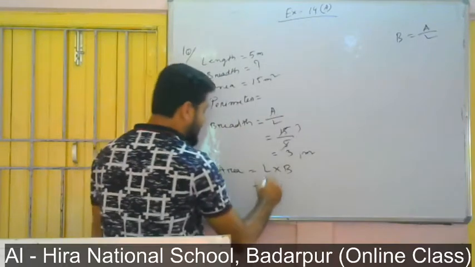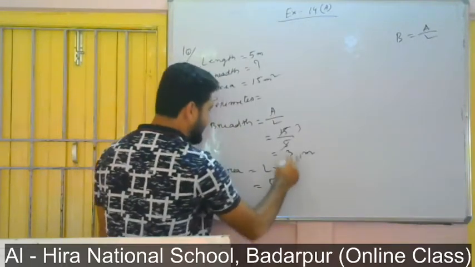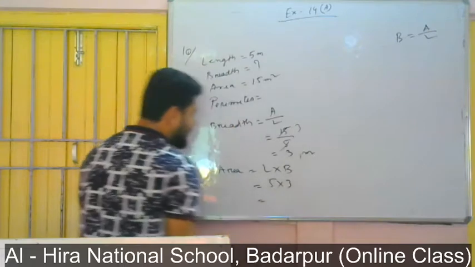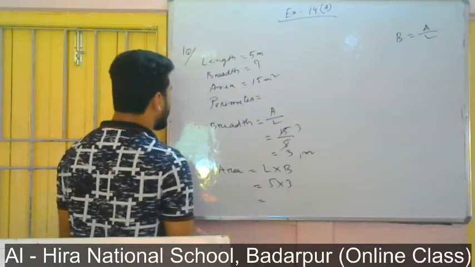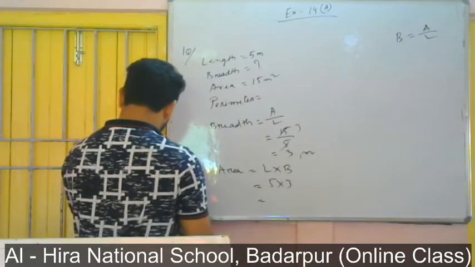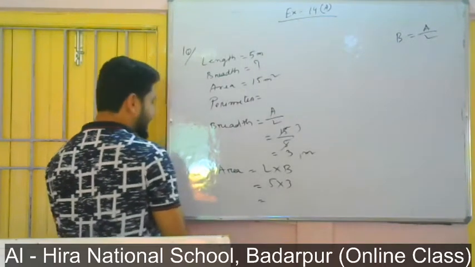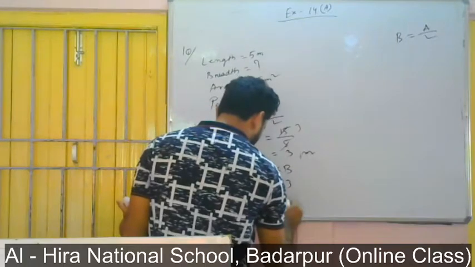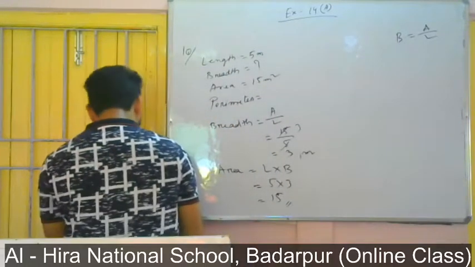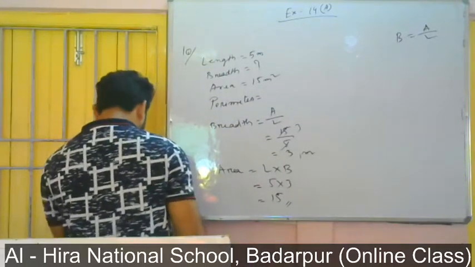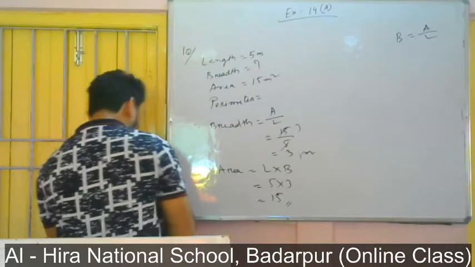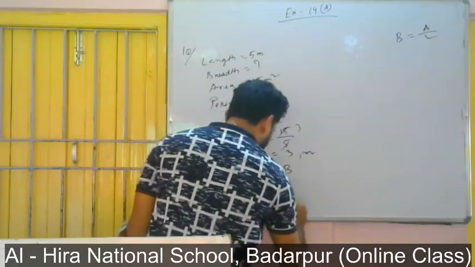In place of length I will write 5, and in place of breadth I will write 3. So it will be 5 into 3, 15 meter.